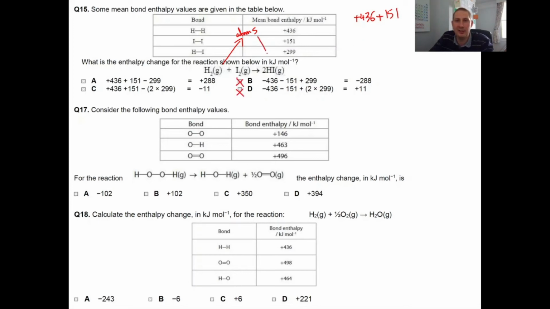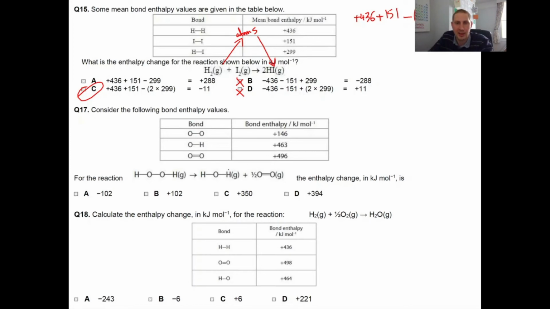Then from atoms to hydrogen iodide, we are putting together two HI molecules. So we're going in the opposite direction from the bond dissociation energy. So minus 2 times plus 299. So that matches C, minus 11 kilojoules per mole.